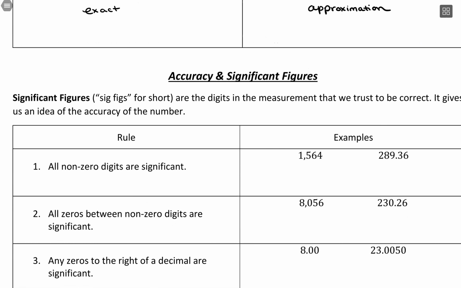So we call them sig figs for short, but they represent significant figures. You might also see the wording significant digits. That's the same exact thing. And we have these rules for what is considered significant and which is considered insignificant. But the idea is that these significant digits give us an idea of the accuracy of our number.